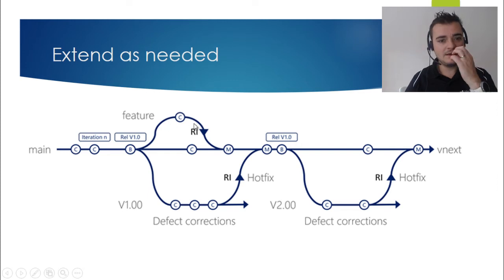You can do it this way. It should always have some start date and end date for your feature, and this branch should disappear in the moment that you merge it to your main.